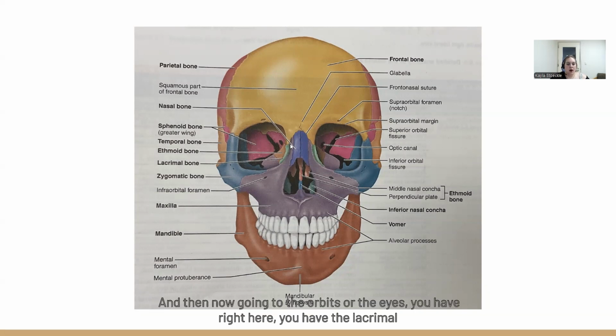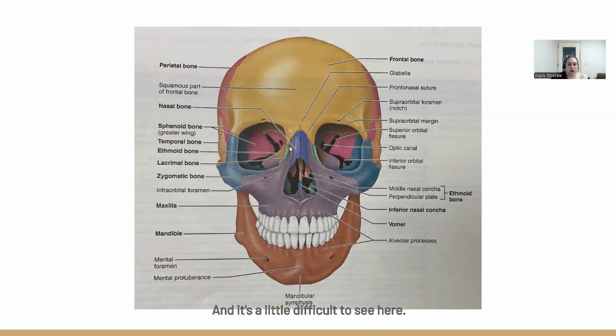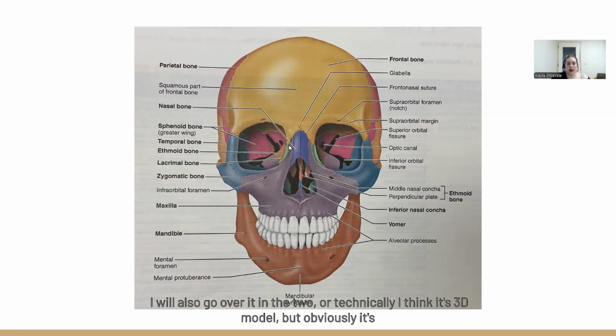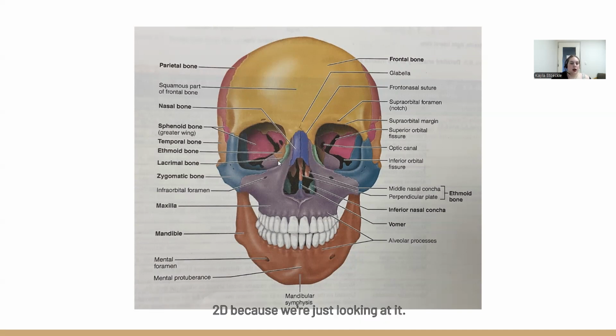And then now going to the orbits, or the eyes, right here you have the lacrimal bone. It's a little difficult to see here. I will also go over it in the 3D model, but obviously it's 2D because we're just looking at it.